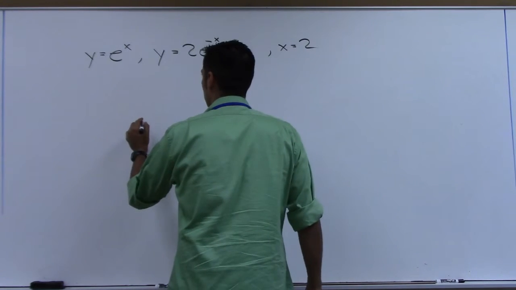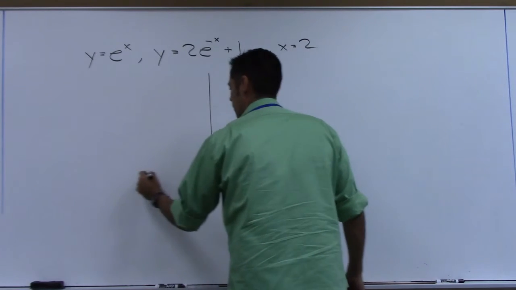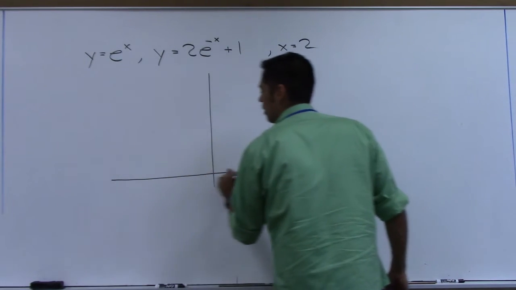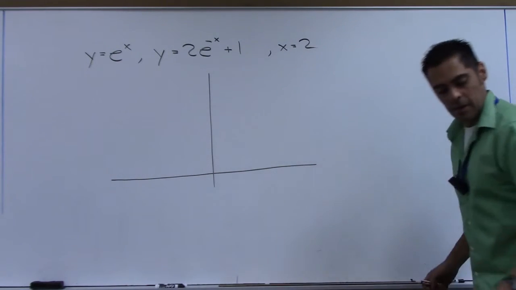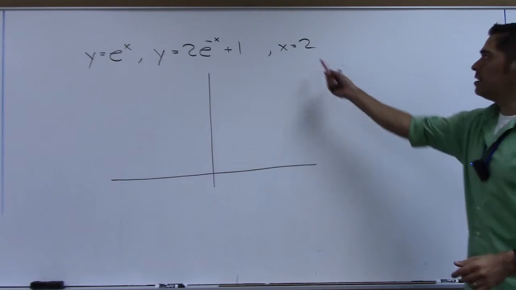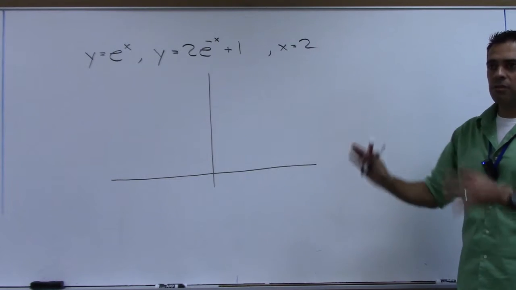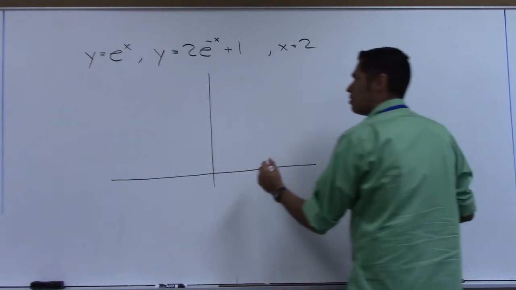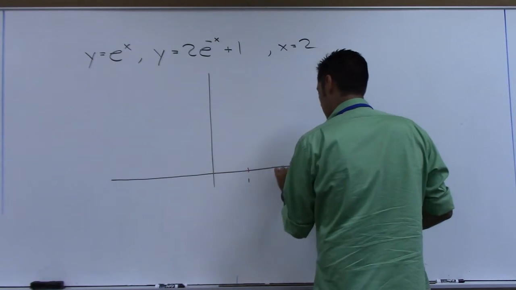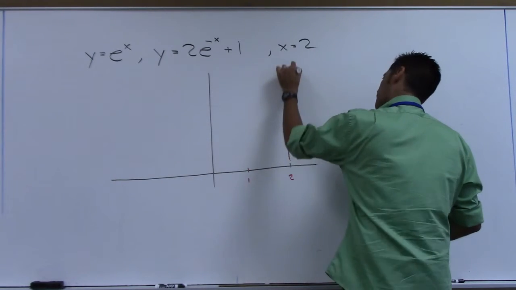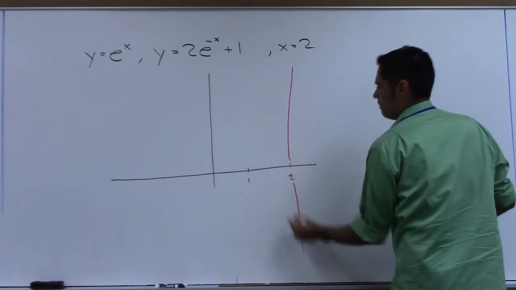So, drawing time. I've got a few here that I'd like to do. X equals 2. That's an easy one, right? That's a what kind of line? X equals 2. Vertical line going through 2. That's supposed to be straight.